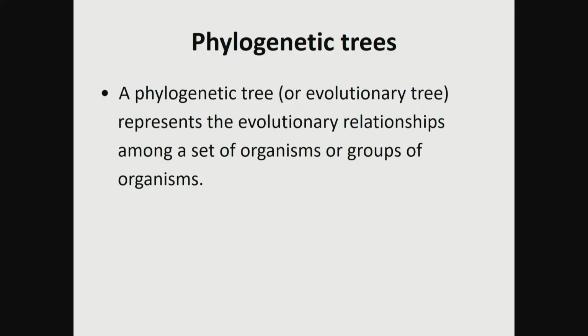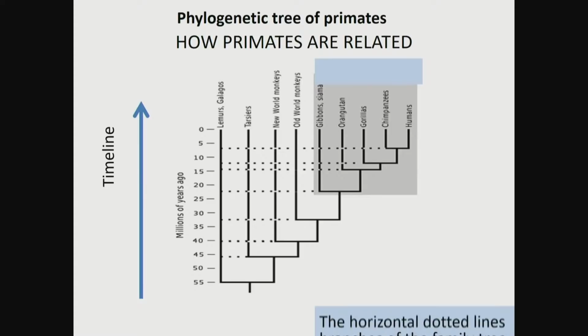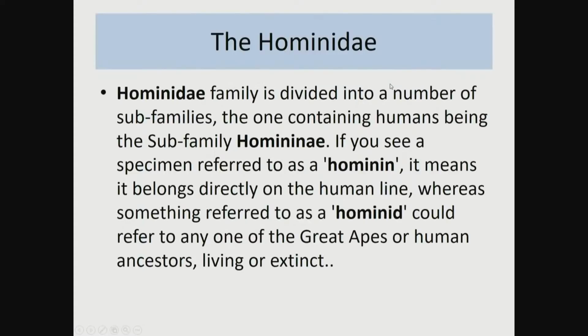So for a phylogenetic tree, you must give the definition. We must identify what the phylogenetic tree is. In this case, it shows the timeline, and there's the Hominidae. All the primates belong to the Hominidae. Just the difference between Hominidae, hominin, and hominid.